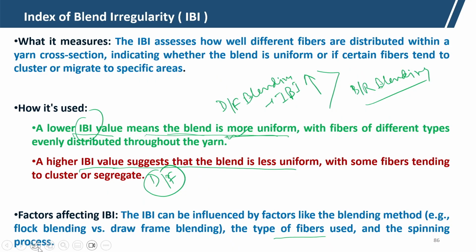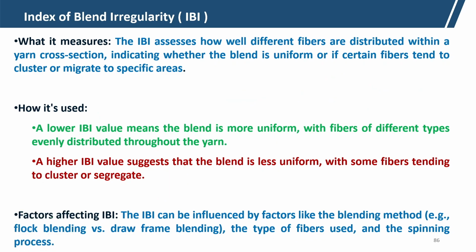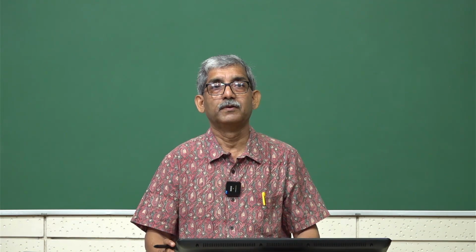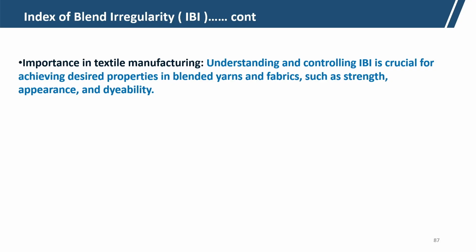Okay. So, the importance in textile manufacturing. Understanding this IBI, index of blend irregularity, and controlling it is crucial, because it controls the quality of the product.